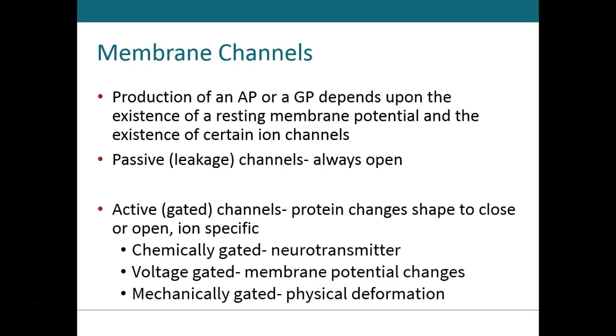Okay, so right here at this point, I want to suggest that if you don't remember resting membrane potential and ion channels that we talked about back during muscle contraction, this would be a good time to go back and review those, because understanding the action potentials in a nerve cell is going to be dependent on you understanding those terms, resting membrane potential and action potential and ions and these channels.